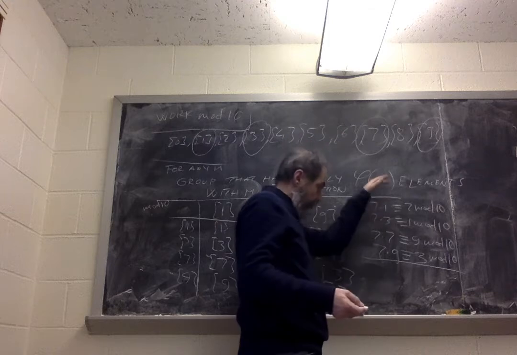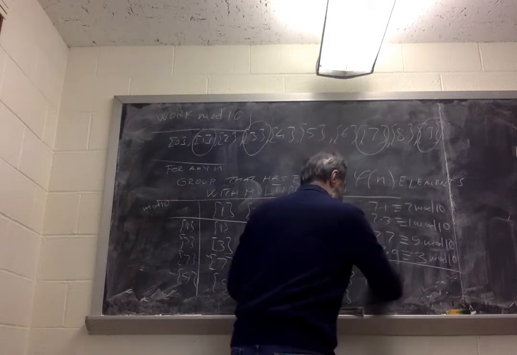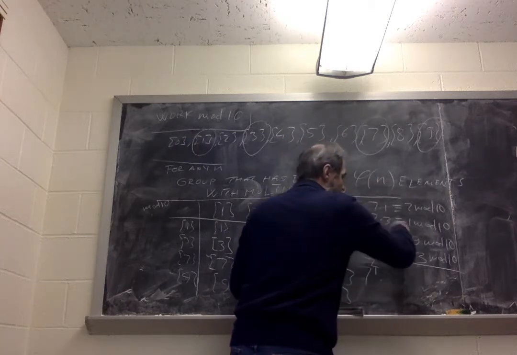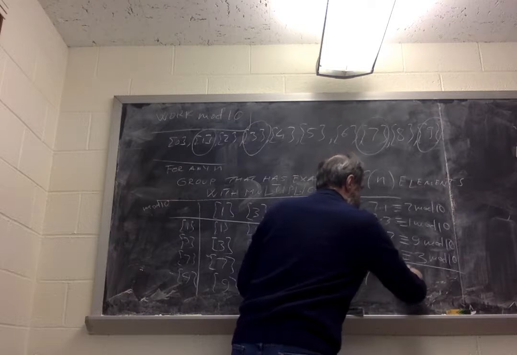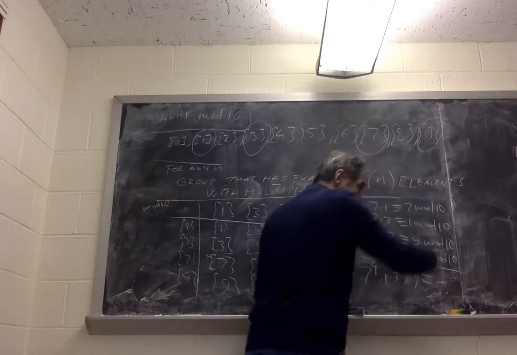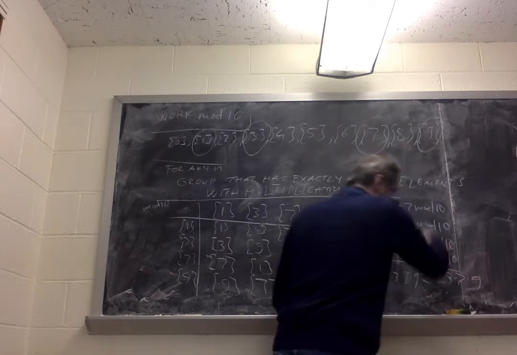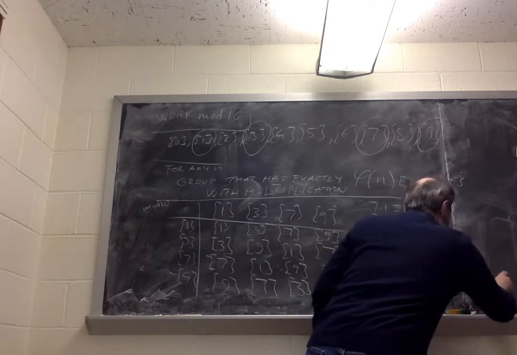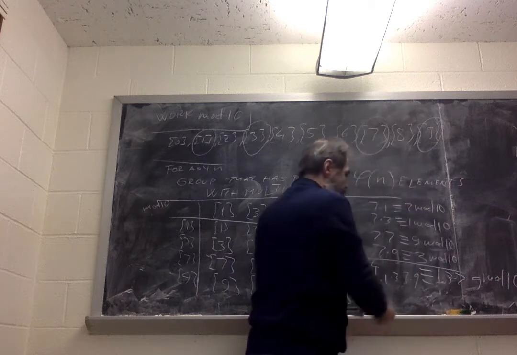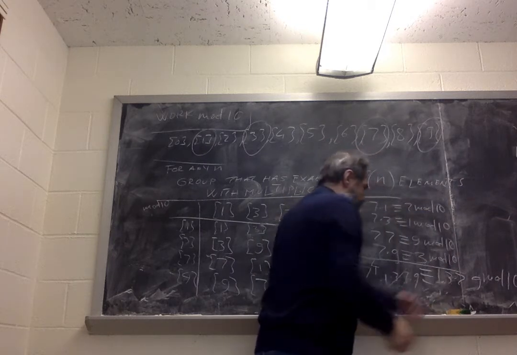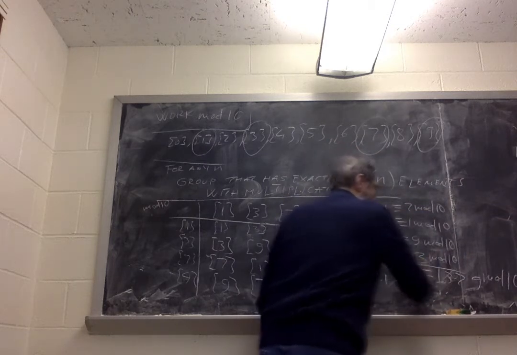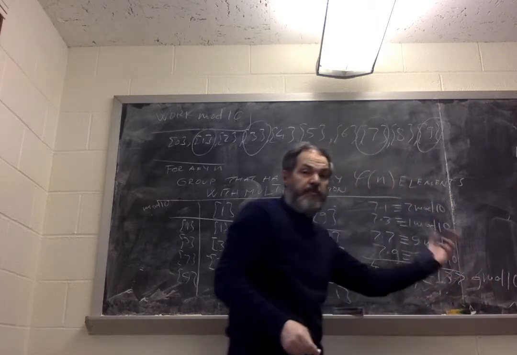If you remember, we multiply them and I get 7 to the 4 times these numbers, 1 times 3 times 7 times 9, which is congruent to the same product, 1 times 3 times 7 times 9, in another order, mod 10. Then what we did, we canceled this factor, 3, 7, 9, because we can do that, because they are relatively prime with 10.